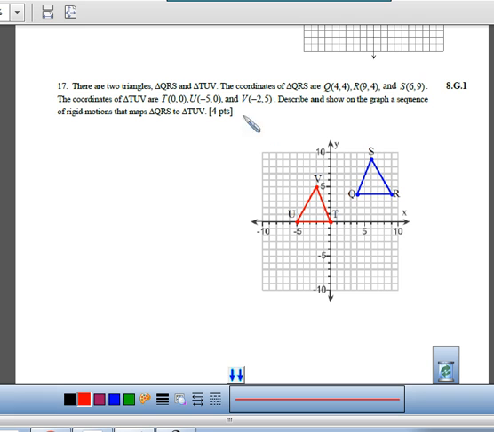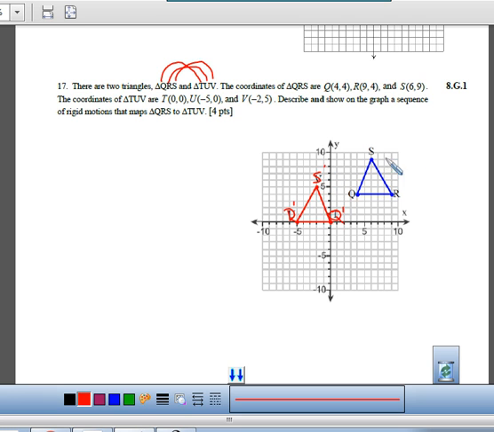Now, before we go too far, I'm going to match up my letters. Q goes with T. So when I see T here, I'm going to relabel that Q prime. R goes with U, so I'm going to relabel that R prime. And S goes with V, S prime.